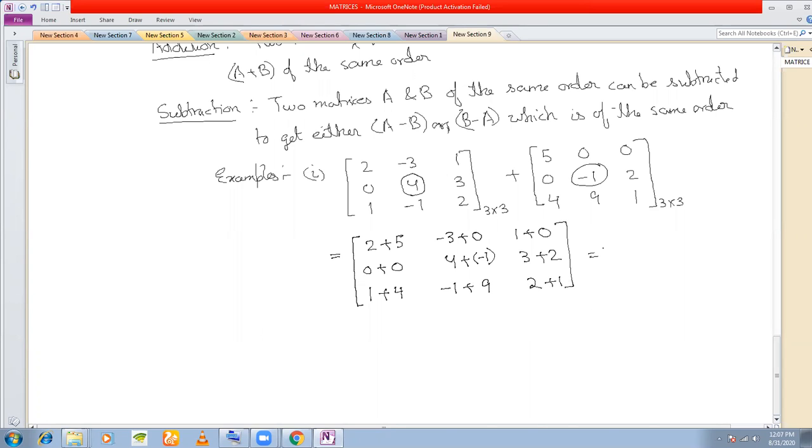So the resulting matrix that you are getting here is of order 3. Similarly, for subtraction, if you want to subtract the two matrices, let us take the same example.